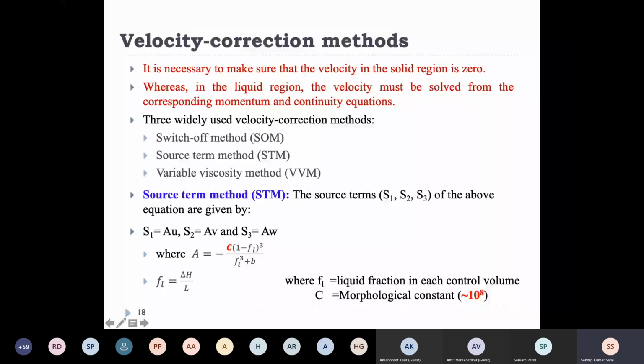Now if it is in the solid phase, what will be the value of A? The value of A will be in the order of 10 to the power 11, because I have taken the B value as 0.001.